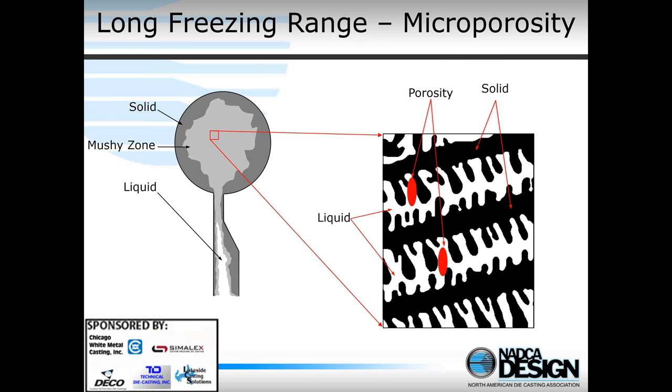And so with these long freezing range alloys, the pore will tend to remain wherever it forms, and therefore we get a distributed porosity of very small pores all over the casting. And these finer pores are often much more difficult to detect, much more difficult to find compared to the large macro porosity we were talking about for a narrow freezing range alloy.